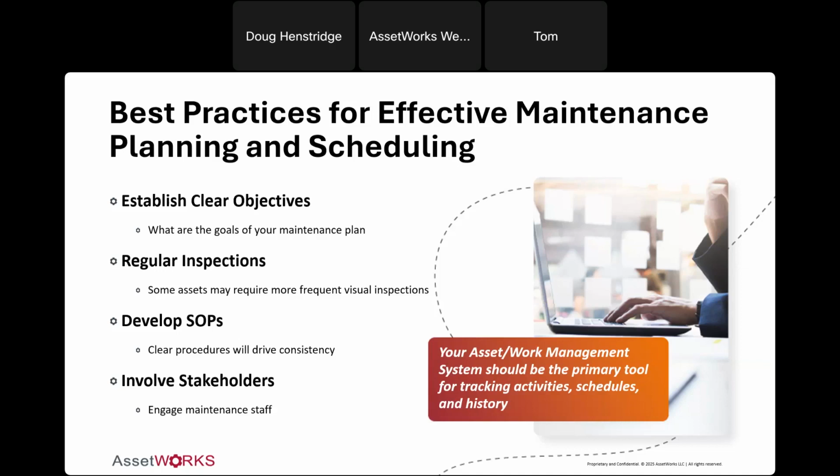And engage your maintenance staff. A lot of times you're going to have technicians or mechanics that have been doing this for a long time, have a lot of experience, and may have some good insights into how to more effectively structure routine or recurring maintenance.